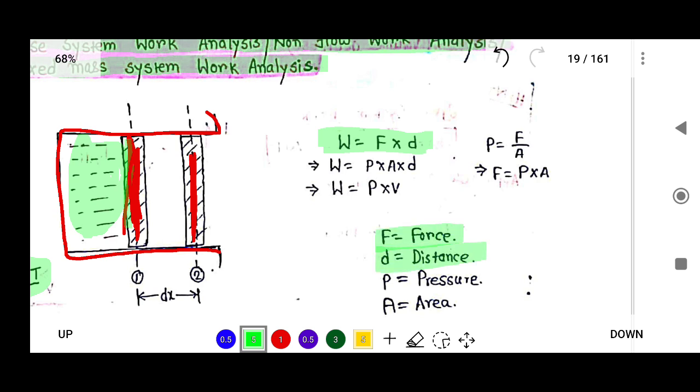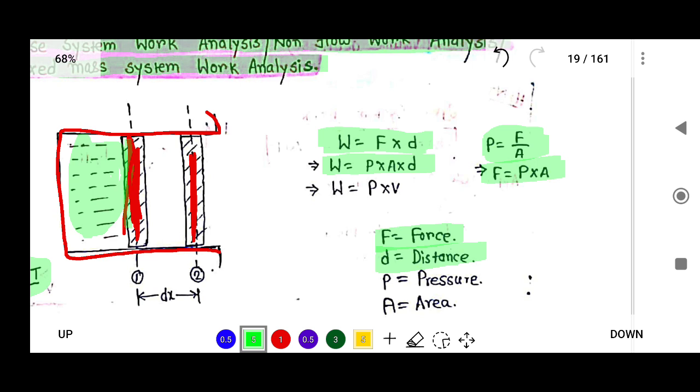Now we know that P equals F by A, so F equals P into A. Just put the value of F, so the work done formula will be W equals P into A into D.